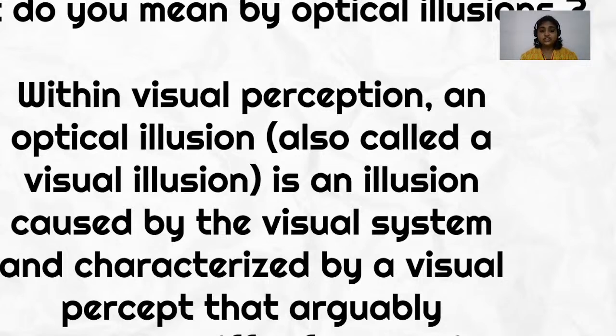Within visual perception, an optical illusion, also called a visual illusion, is an illusion caused by the visual system and characterized by a visual percept that arguably appears to differ from reality. The illusion is very different from the reality. That is in short called an optical illusion.